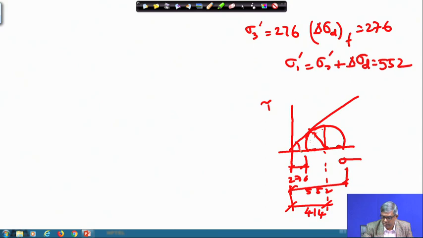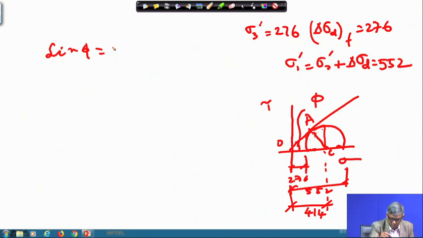So, if this angle is phi, and I say this is O and this is A and this is C, then your sin phi will be equal to AC by OC.